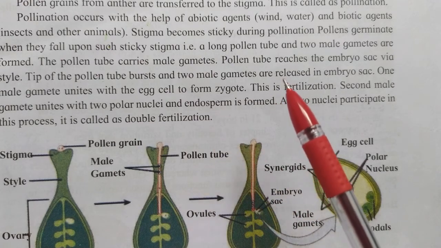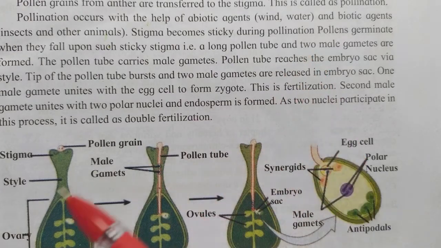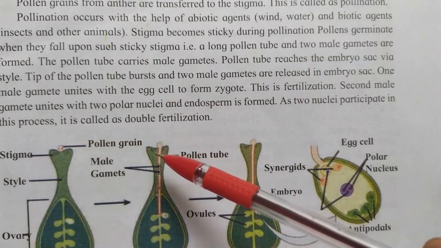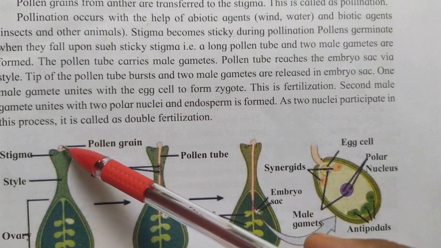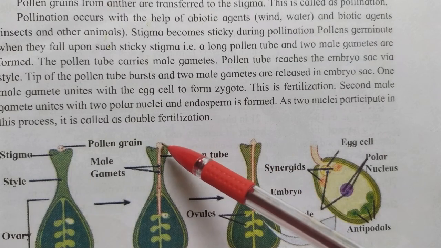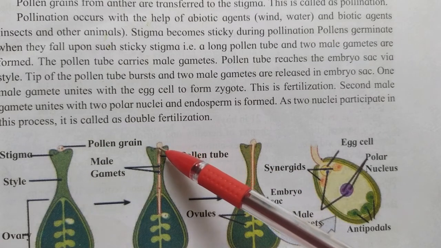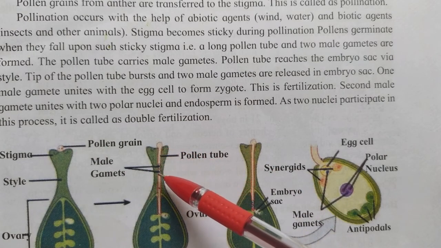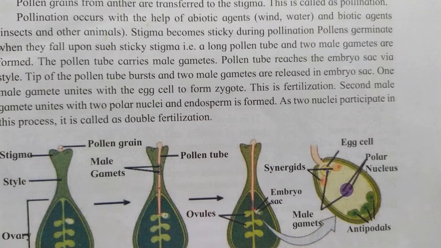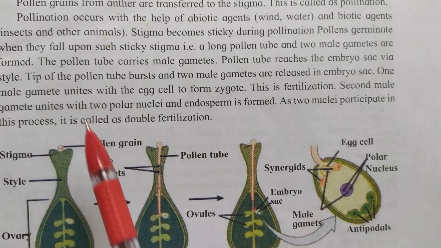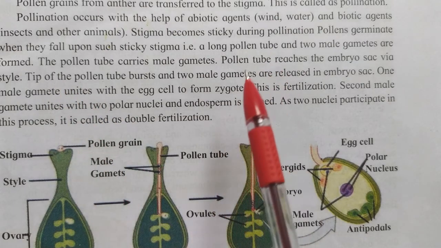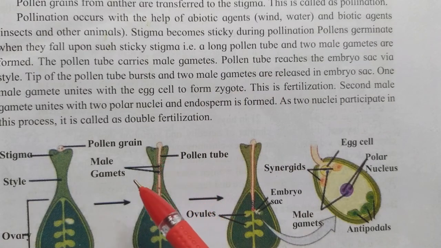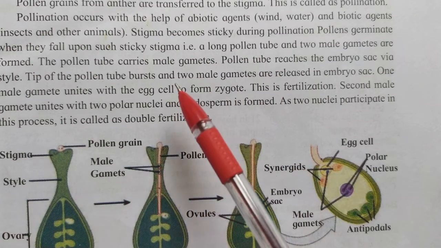Pollen tube reaches the embryo. Here you will be able to see a pollen grain falls on the stigma. Now this particular pollen grain germinates and the pollen tube reaches up to ovary.